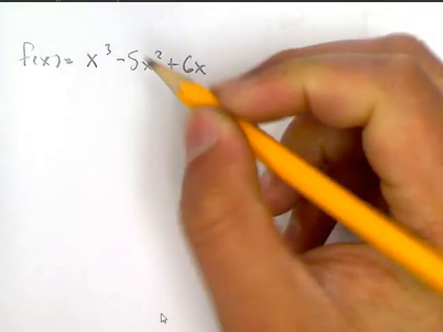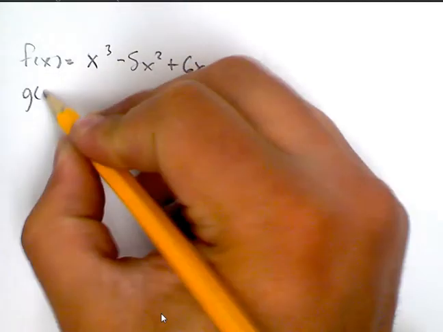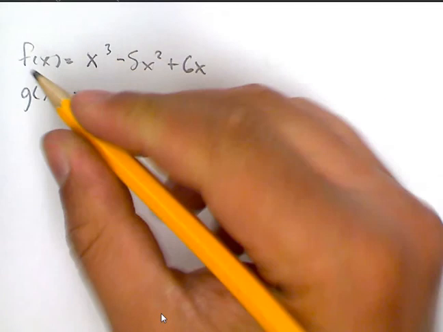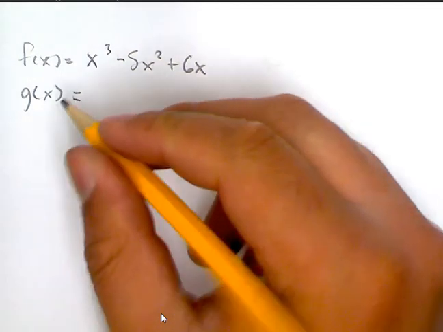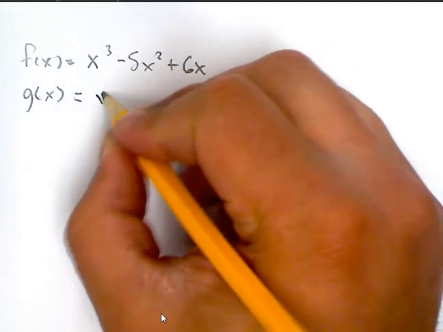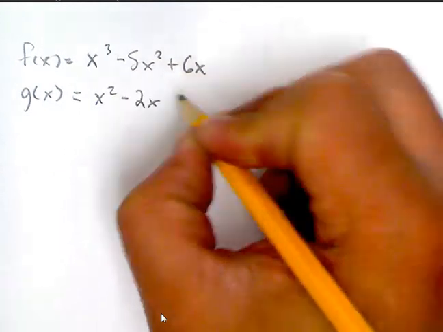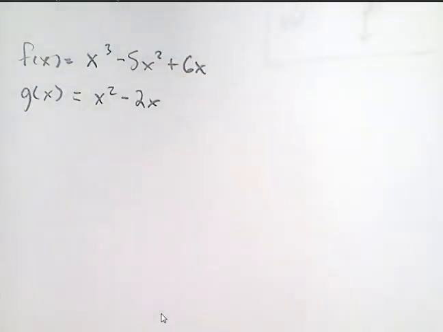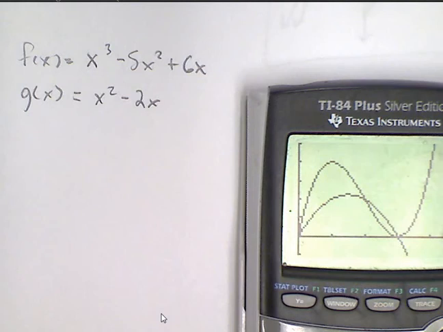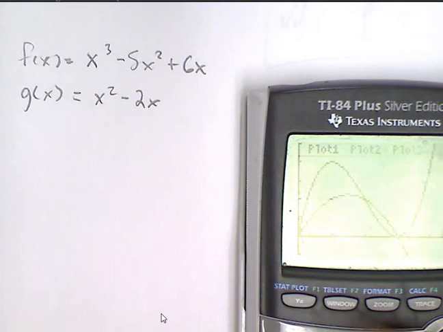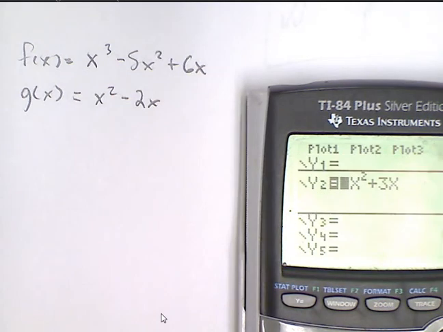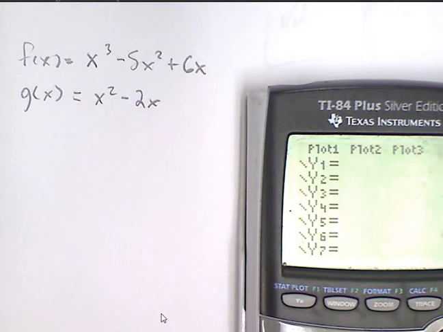And g of x is equal to x squared minus 2x. Alright, so this is a non-calculator question, so I will be giving you the two functions and their graphs, so I'm going to go ahead and graph them.